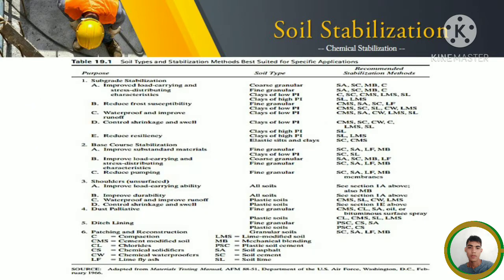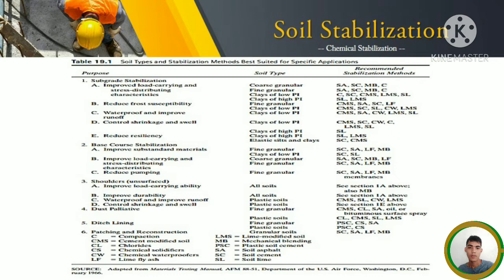As mentioned earlier, this is the table showing the soil types and stabilization methods best suited for specific applications. For example, if we're going to reduce the frost susceptibility of fine granular soil type, the recommended stabilization methods are CMS or cement modified soil, SA or soil asphalt, SC or soil cement, and LF or lime fly ash.